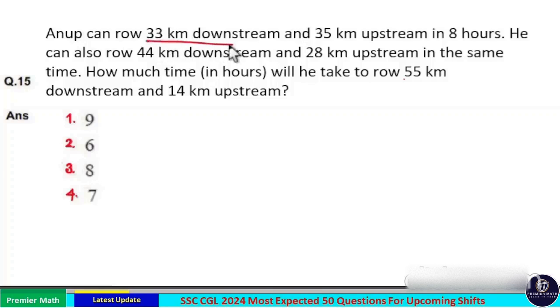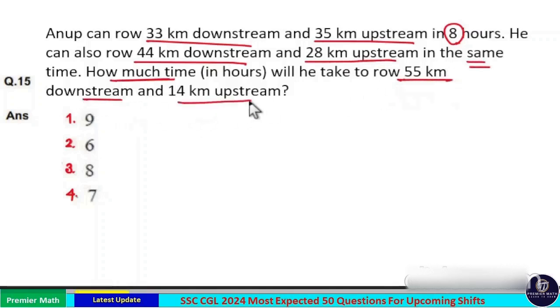3.02. Anup can row 33 km downstream and 35 km upstream in 8 hours. He can also row 44 km downstream and 28 km upstream in the same time. How much time will he take to row 55 km downstream and 14 km upstream? Here, he takes 8 hours to row 33 km downstream and 35 km upstream.